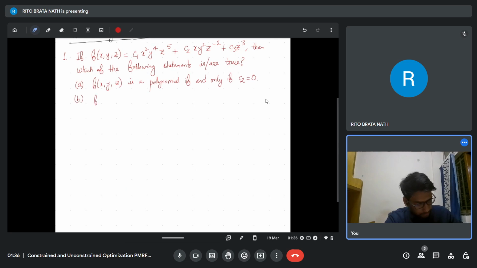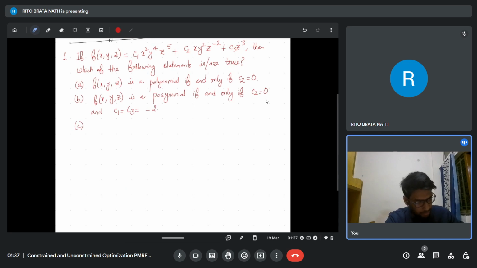Option B tells you that f of xyz is a polynomial if and only if c2 equals 0 and c1 c3 equals minus 2.